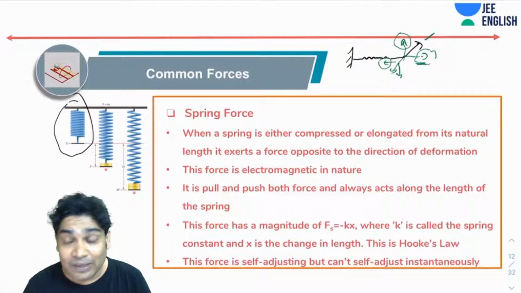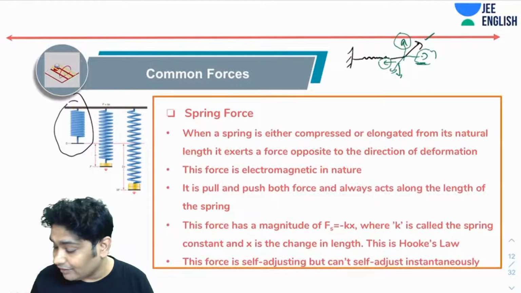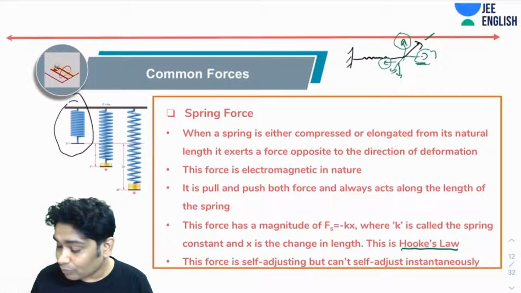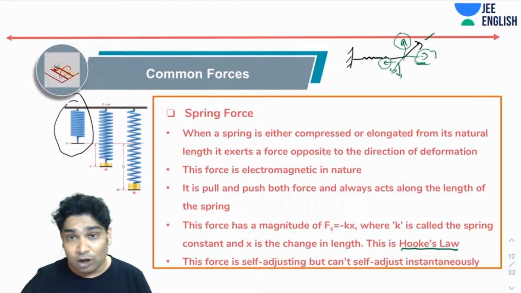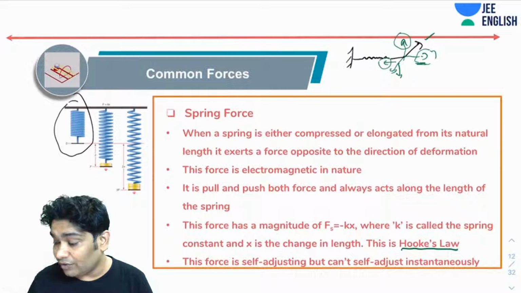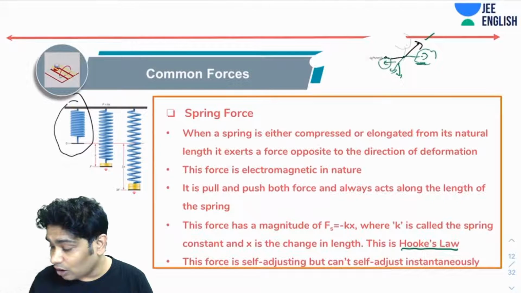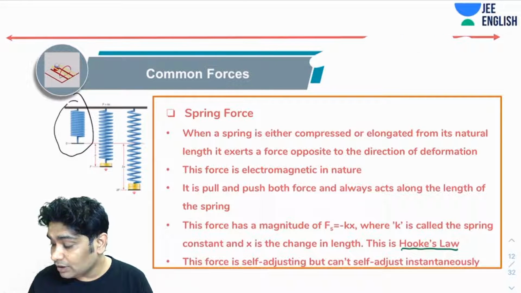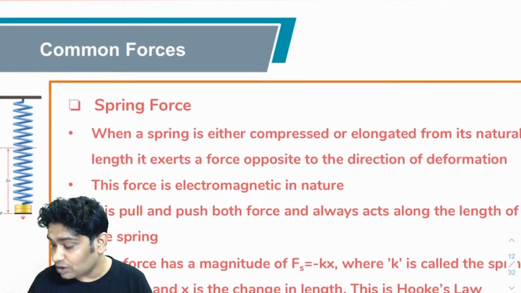Now this force has a magnitude which is Fx equals minus Kx. Experimentally, this is what Robert Hooke had given as Hooke's law. He performed a lot of experiments with springs and he realized that the spring force varies as F of spring is minus Kx. So if you draw a graph of that, this is what the graph of spring force looks like.